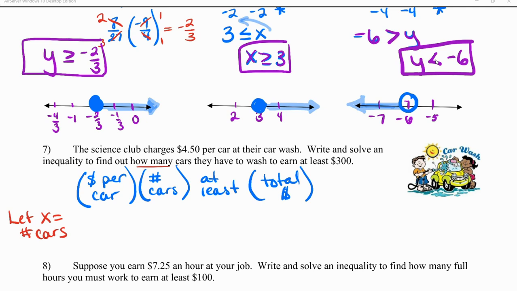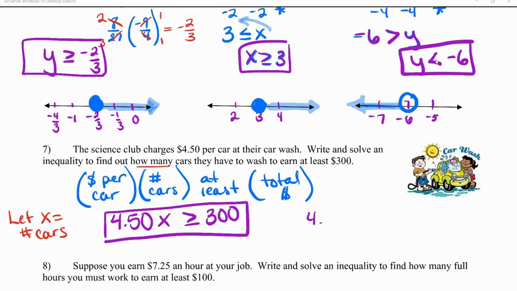So the price per car is $4.50. X represents the number of cars. At least, that would be greater than or equal to. And their goal is 300. So 450 times x is greater than or equal to 300 is the inequality that represents the situation.